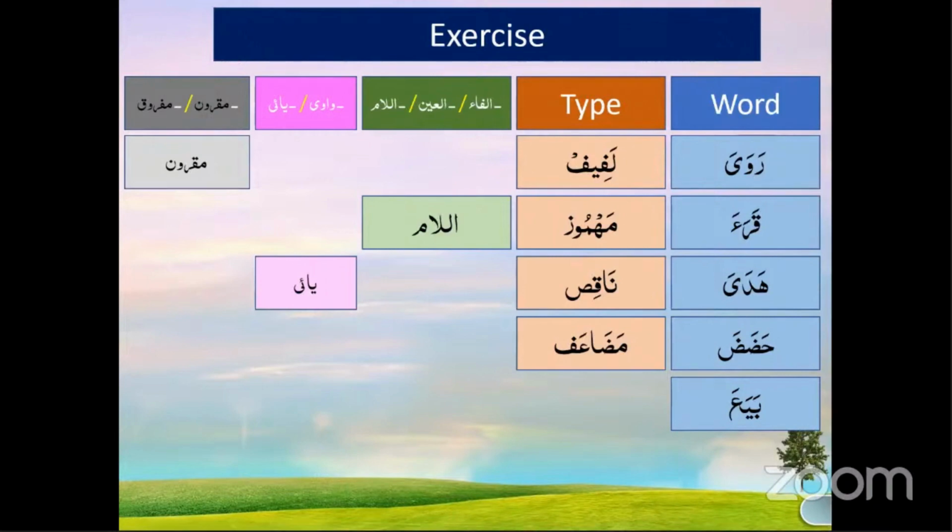What is the name for this when it's in the middle? Ajwaf, mashallah, very good job. And what kind of Ajwaf, Wawi or Yai? Yai. Very good job.